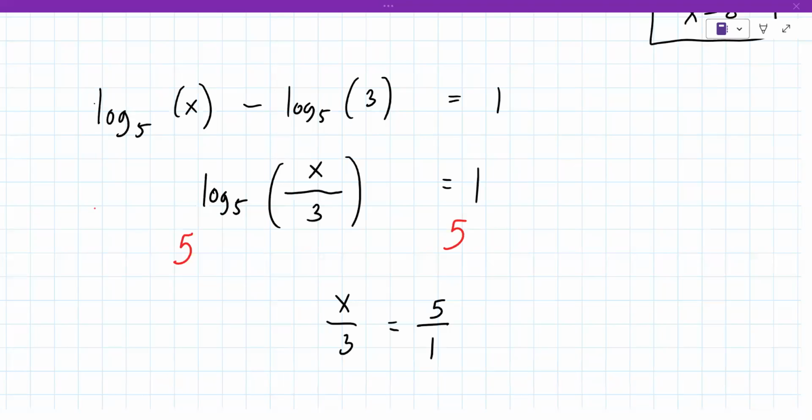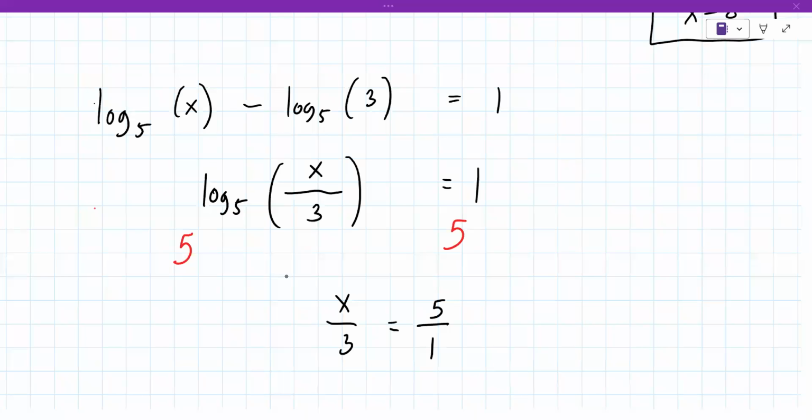But do you remember how to solve something like this? If it's a fraction, don't you just have to multiply? So you multiply both sides by 3, by the number on the bottom. Does that make sense?